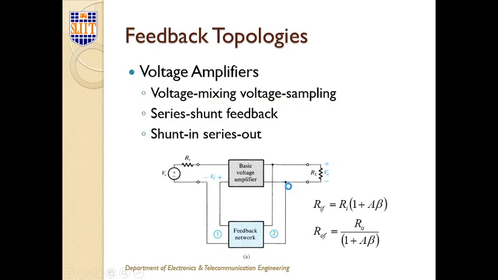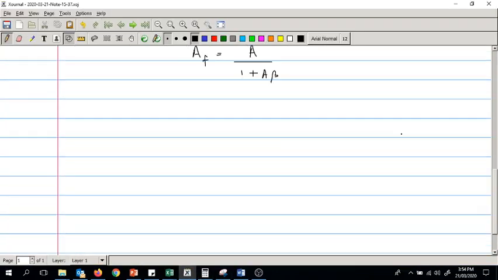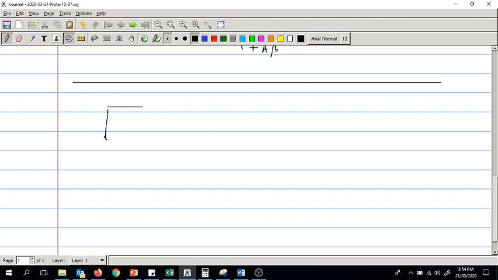If you put it in series, we'll take that out from here to make it simpler. Let's say you have this amplifier, right? If you connect it in parallel to the beta network, this is your A and beta, you measure the voltage.